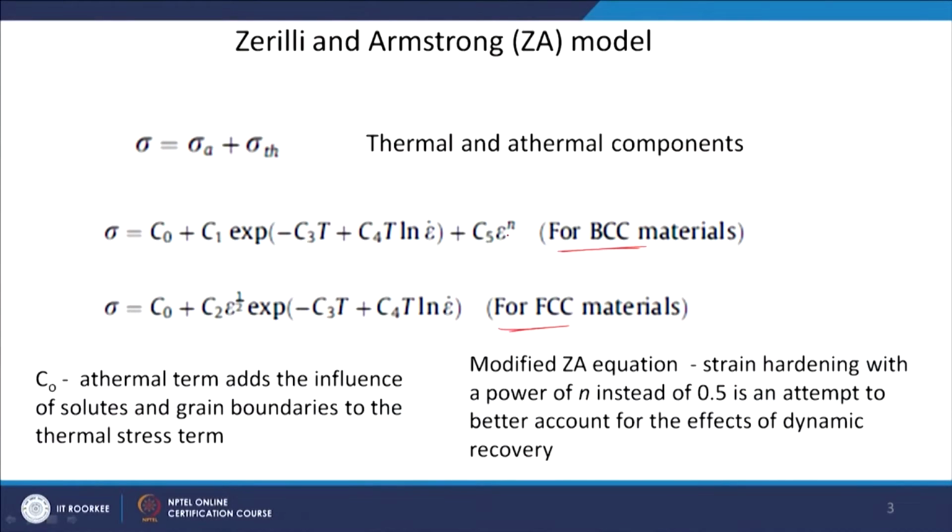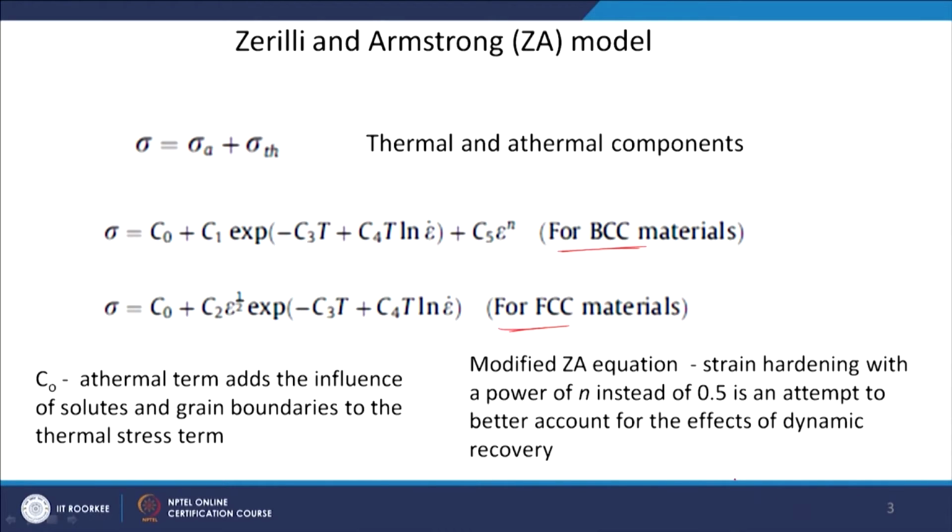You have C0 to C5, where earlier we had only 2 or 3, and on top of that you have these exponents also. So C0, C1, C3, C4, C5 and some exponent here. Similarly, for FCC material you have C0, C2, C3, C4 and so on.